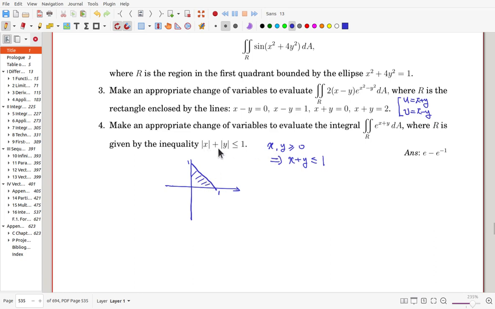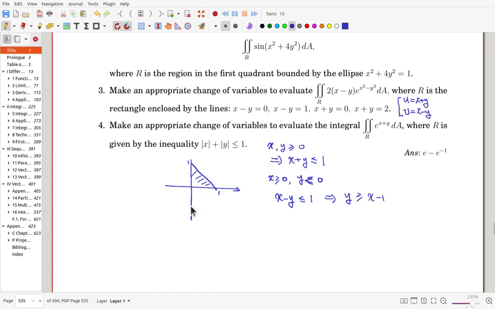And now once, for example, again x is non-negative, but y is now non-positive. Okay, let's try to get negative. Then that will be x minus y bounded by 1, which is the same as y being larger than x minus 1, like that.